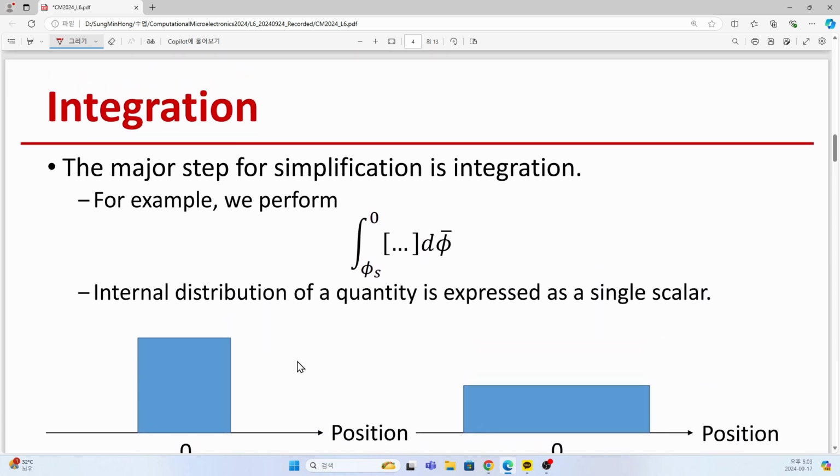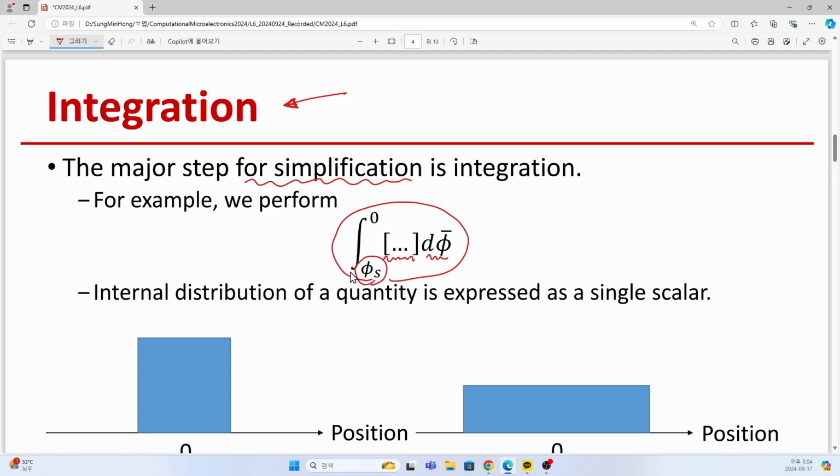Okay, so first of all, we have to understand that integration, the global integration, was the key for simplification. For example, in the previous case we performed something like this. Our certain function was integrated with respect to the electrostatic potential referenced to the deep substrate.